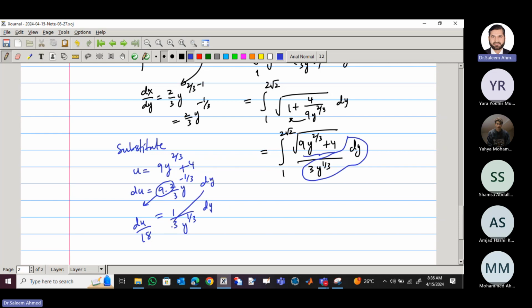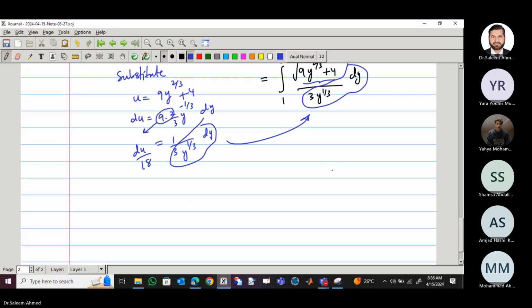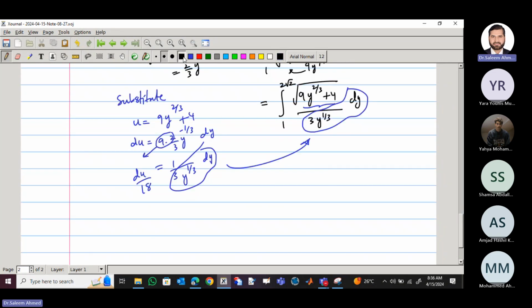This is my y, right? So we can replace it here. That's why I brought 9 into 2 on the other side. So now if I put it here, I will get square root of u, and this derivative is du by 18, right? This du by 18, and this thing was square root of u.